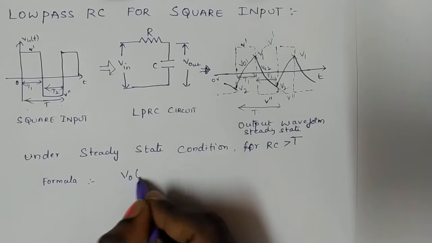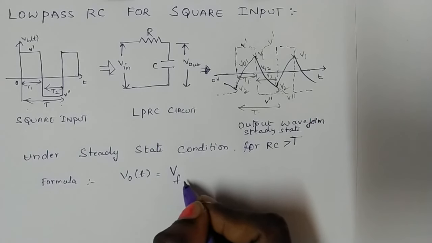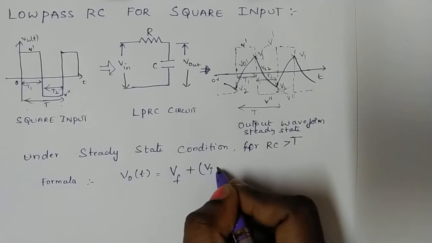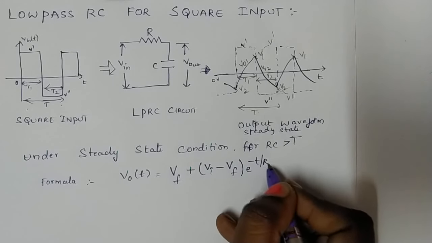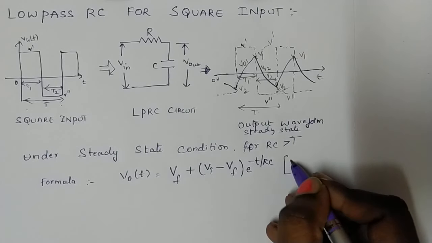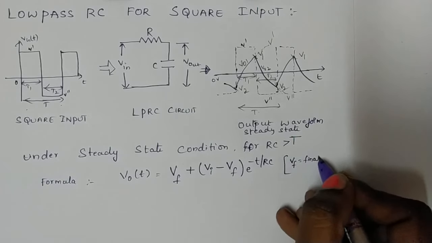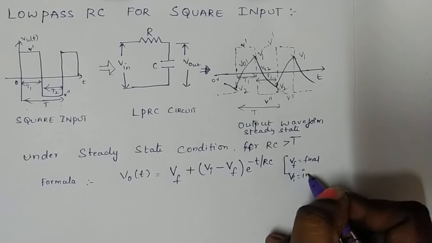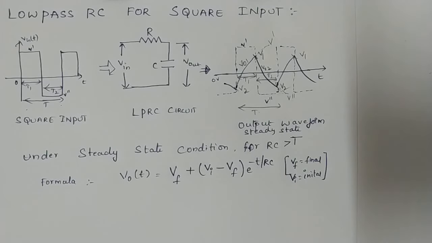V out of t equals Vf, that is V final, plus V initial minus V final, into e power of minus t by RC. Here Vf is the final value and Vi is the initial value. You understand what I'm saying?